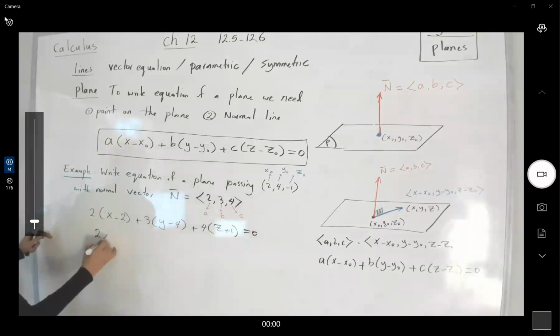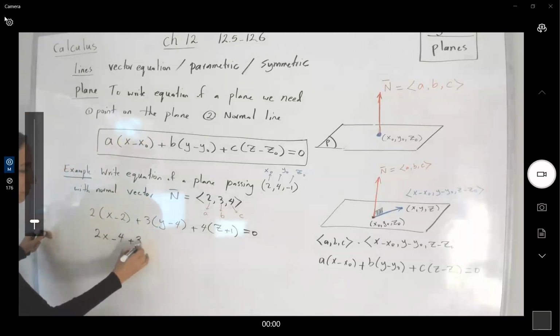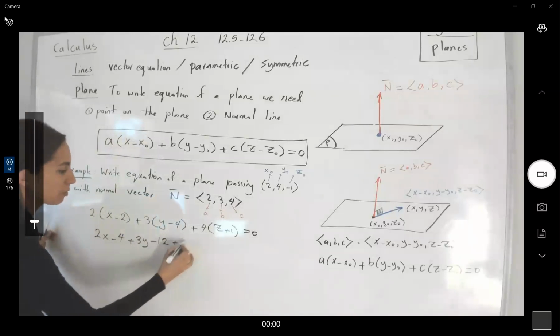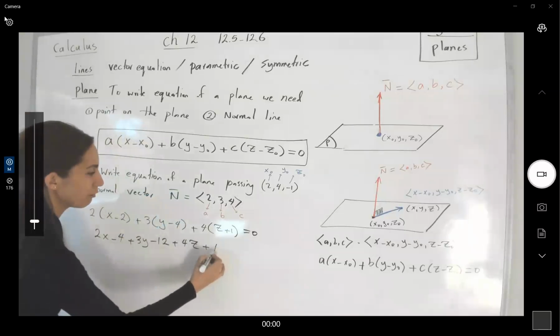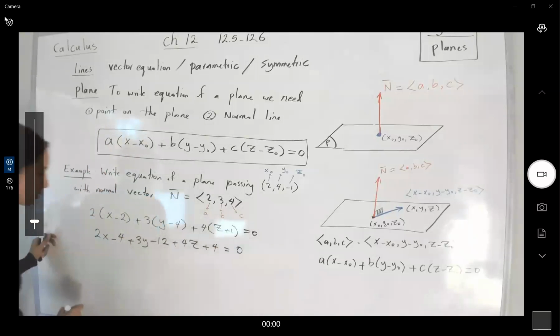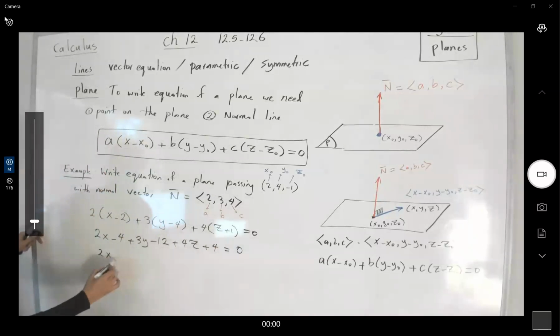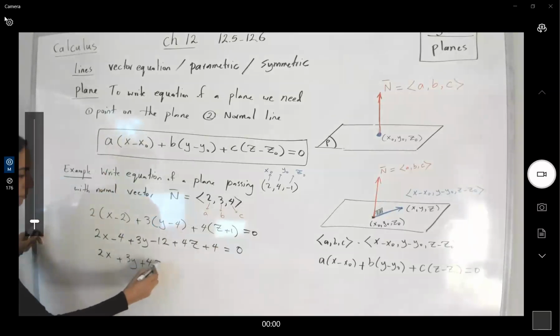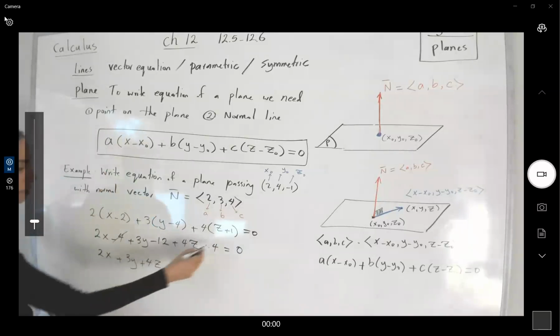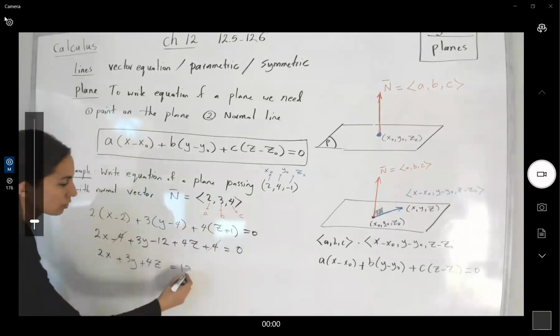We get 2x minus 4 plus 3y minus 12 plus 4z plus 4 equal to 0. So it means that the equation of the plane is 2x plus 3y plus 4z, and cancel out -4 and 4, equals 12.